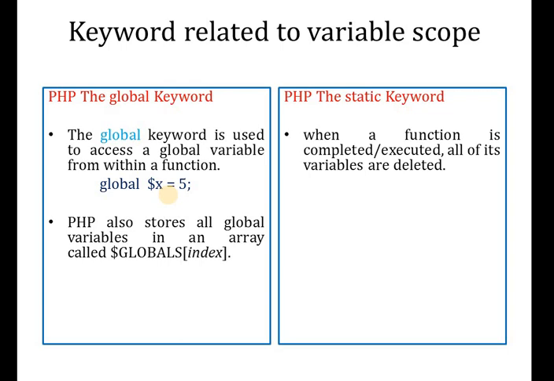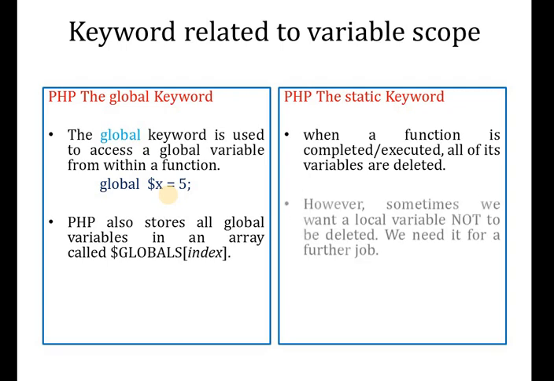But whenever this function is called, it will declare this variable again and again. That means the previous value of that variable will be eliminated. Sometimes this should not happen, so here the static keyword can be used.